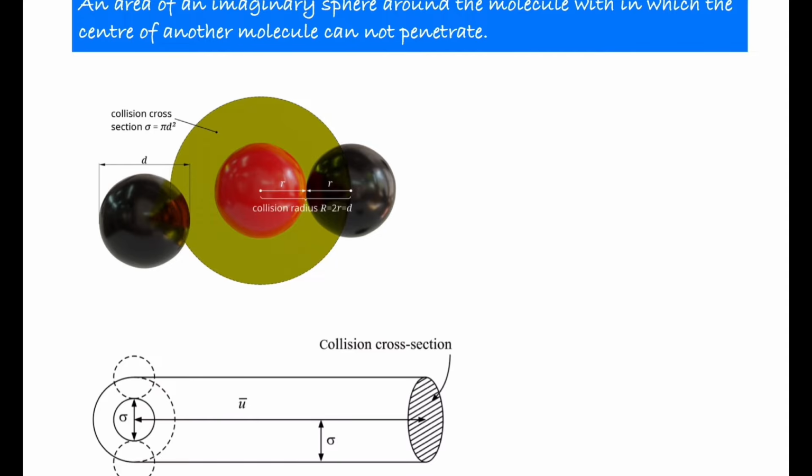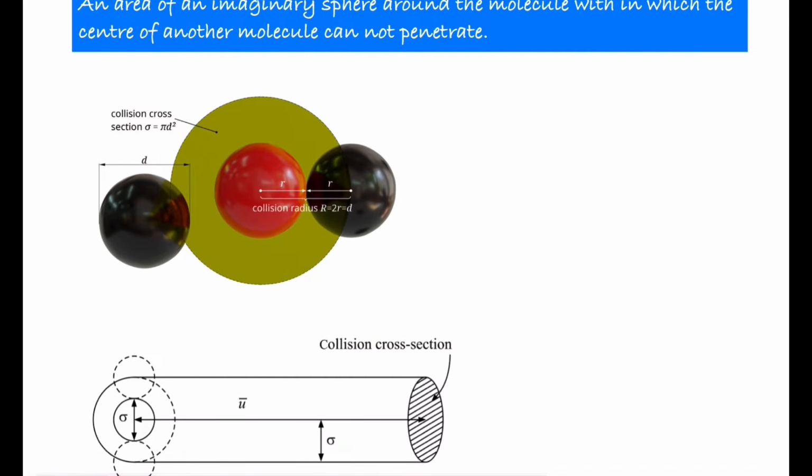If the center of the gas molecule is lying outside, then there will be no molecular collision. And this collision cross section is very much useful in order to draw the collision cylinder.